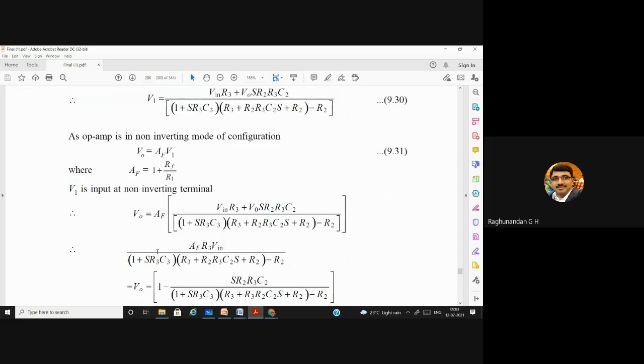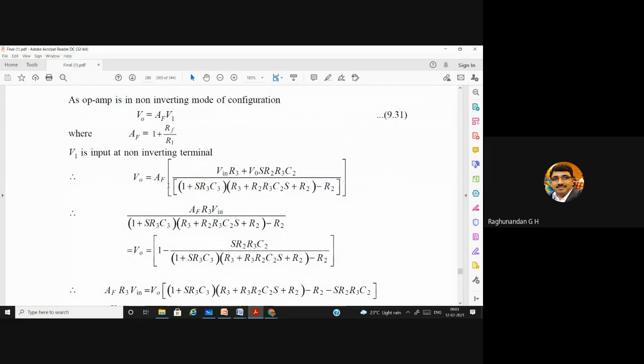You can write 1 plus Rf by R1, or since the equation is complex, just write it as AF.